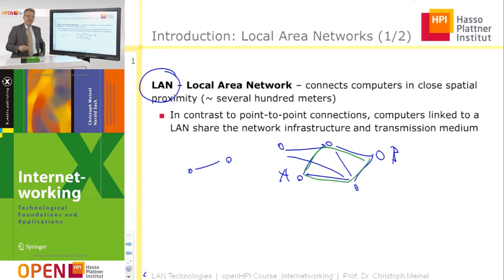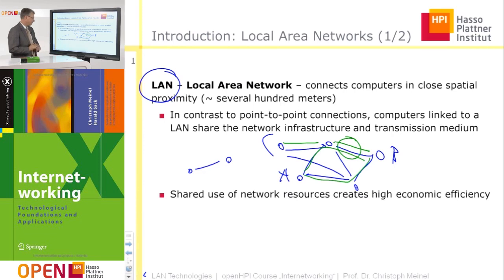And if C wants to connect to B, then C also goes this way. Here you see different computers using common infrastructure, common wires, or common lanes for their interaction.